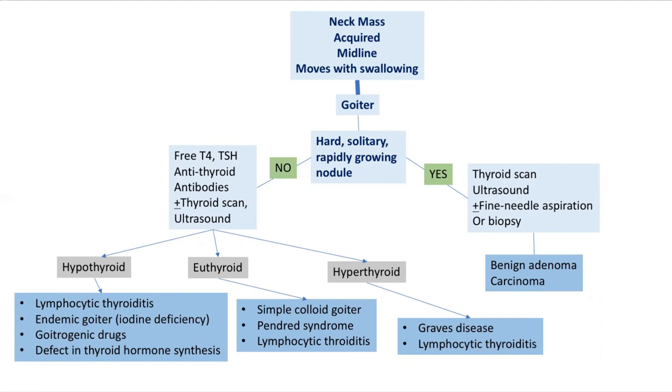If the functions show hyperthyroid, then this may be Graves' disease or lymphocytic thyroiditis. If the functions are hypothyroid, then this can be lymphocytic thyroiditis, endemic goiter due to iodine deficiency, goitrogenic drugs like amiodarone, or defect in thyroid hormone synthesis.